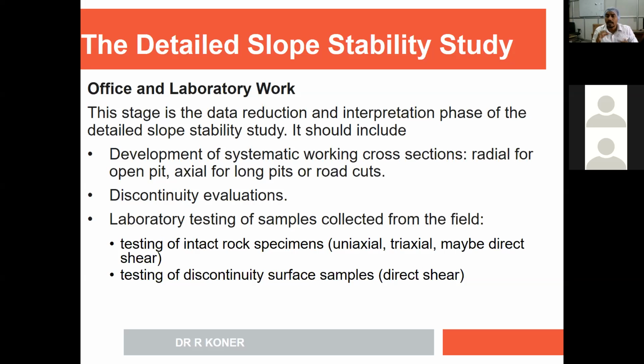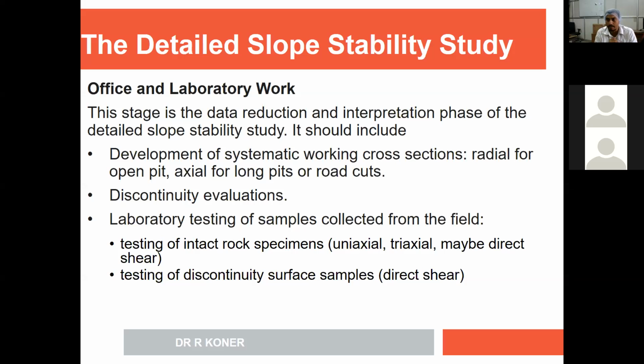In the laboratory, we will first conduct the laboratory tests for the intact rock. In the intact rock, we will conduct the uniaxial load test to determine the compressive strength. You will also determine the strength under triaxial load, and we can also use the direct shear test apparatus that I have already discussed.